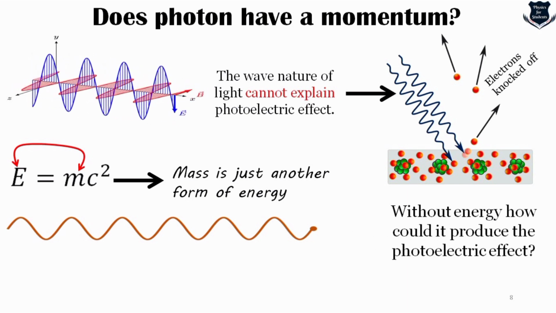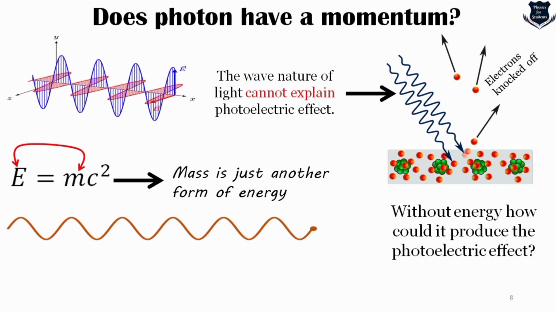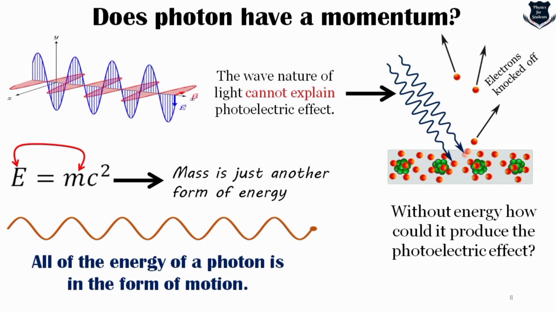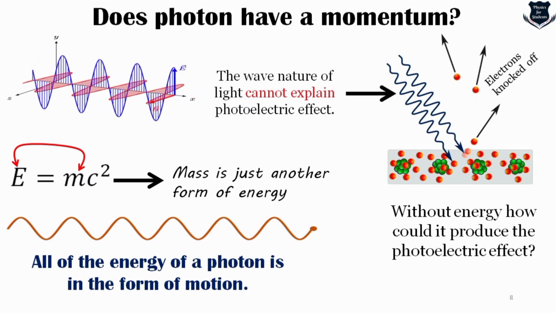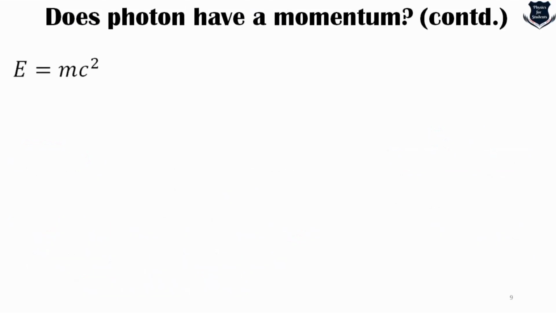So without energy, how could it produce the photoelectric effect? All of the energy of a photon is in the form of motion, which we are going to discover very soon.